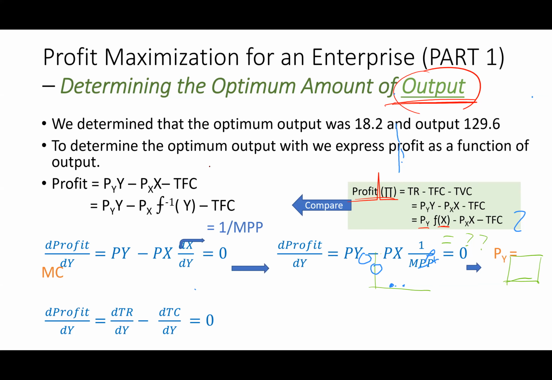Because we are trying to find the optimum y, we set up the profit function the same way, but the difference is that we replace this x function to make x equal to the inverse of y. We discussed that earlier: the f function is the inverse of y.